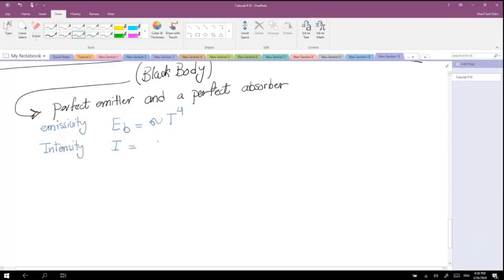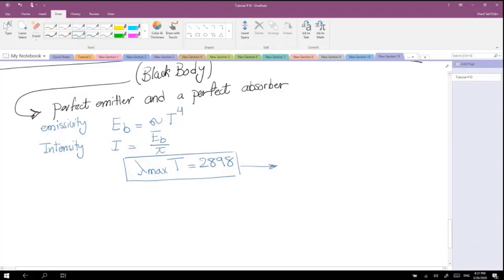I is going to be E over pi, all right? And also lambda maximum multiplied by the temperature is going to be 2898.